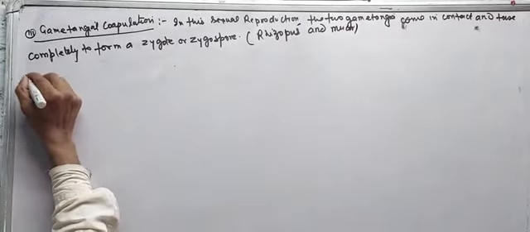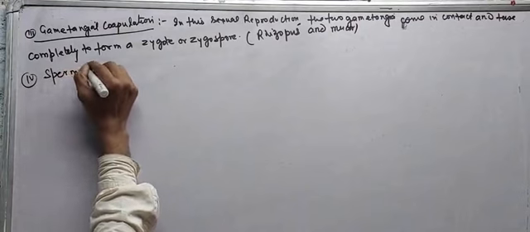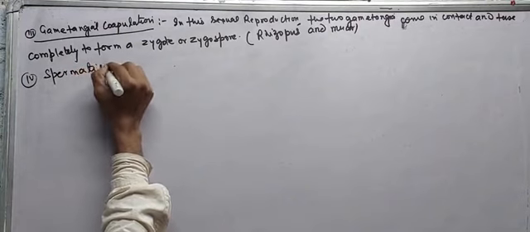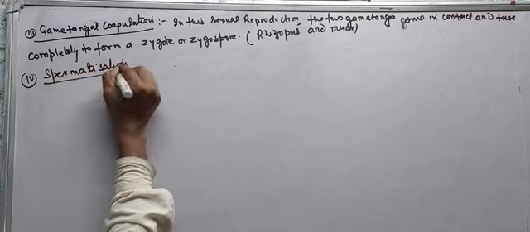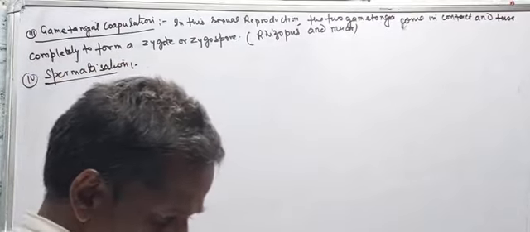Number second, spermatization. The next procedure of sexual reproduction is spermatization. The male gametes are produced in large number.